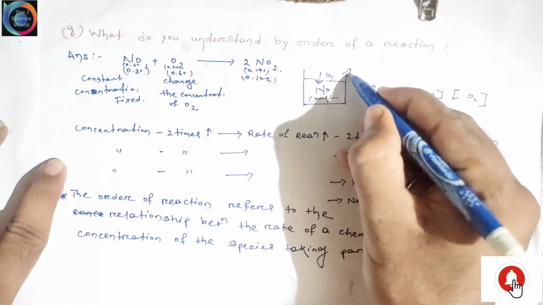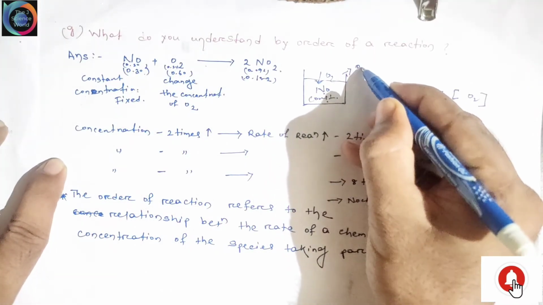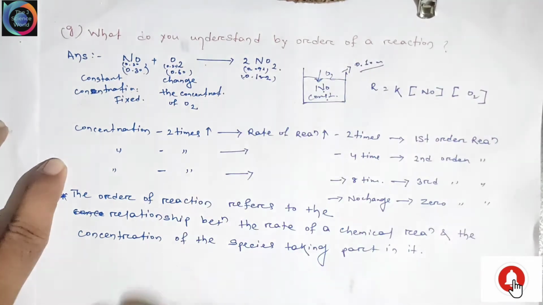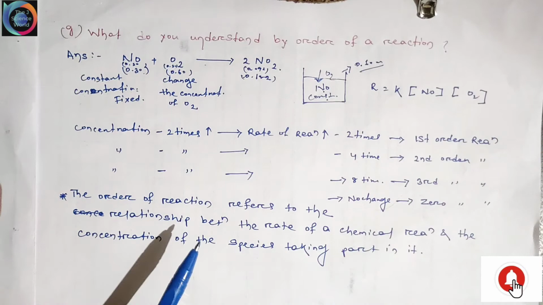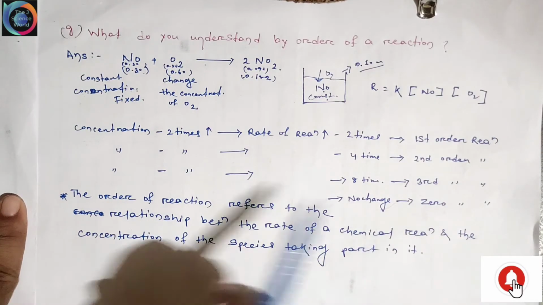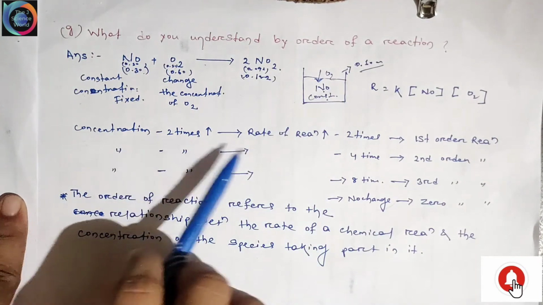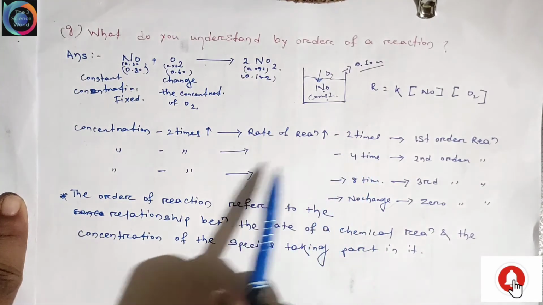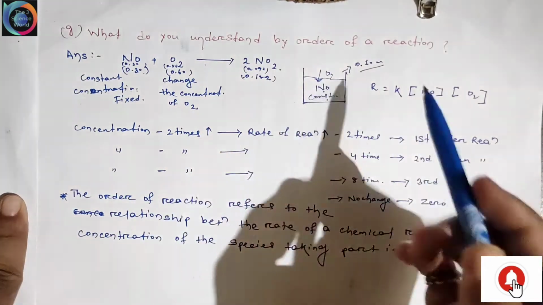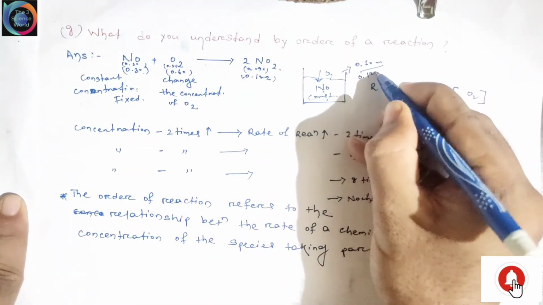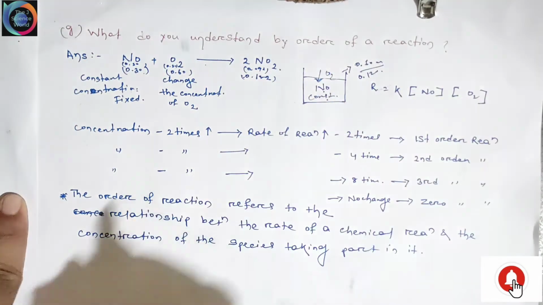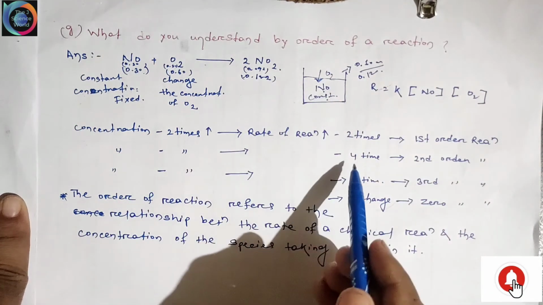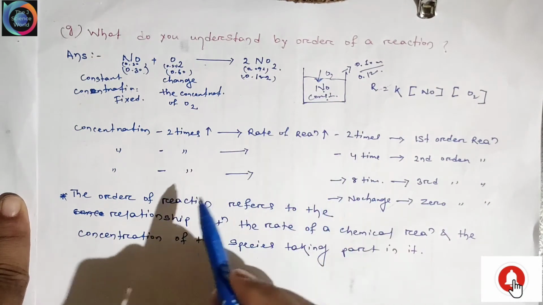First we add some amount of O2, that is 0.60 milligram. See what happens: the rate of reaction doubles. When we add 0.120, meaning double the amount of oxygen, the rate of reaction increases 4 times.